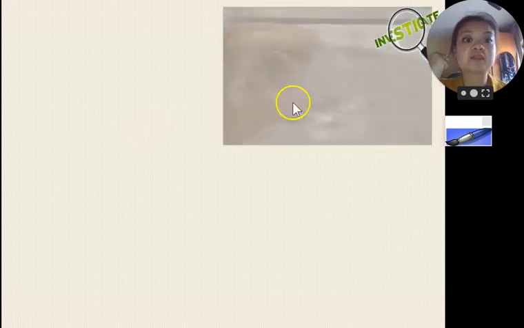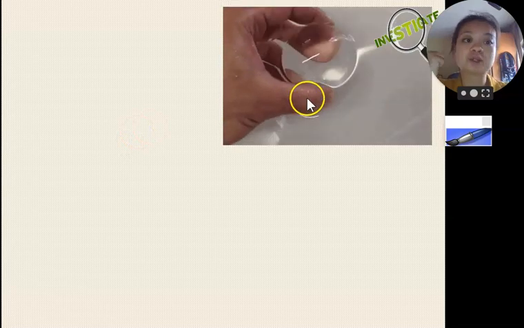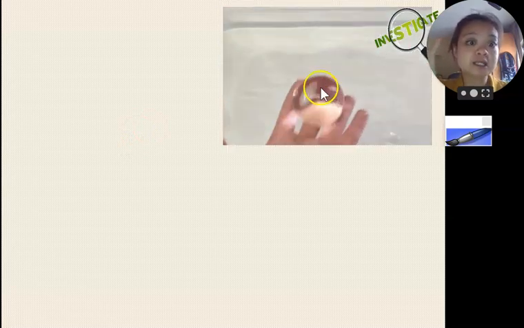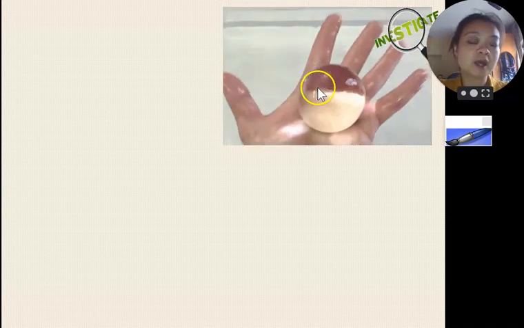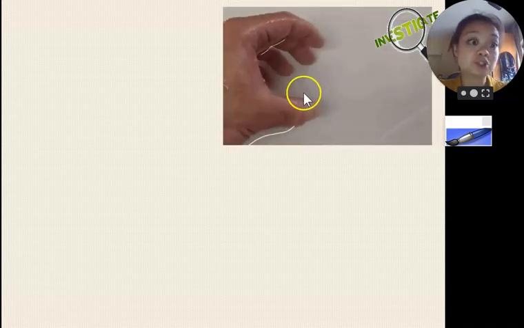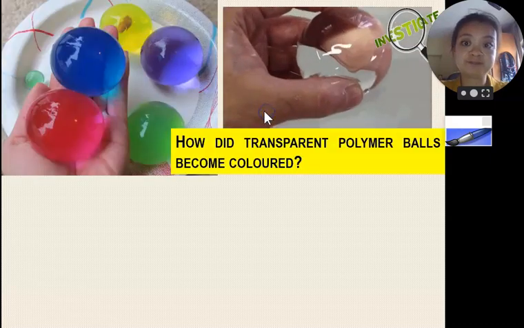Now I'm going to begin by asking you to investigate the following three situations, all right? The first situation: let's have a look at this transparent orb, which is known as a polymer ball. It is transparent, as you can see here when the person takes up the polymer ball. However, these polymer balls are usually found colored like this.